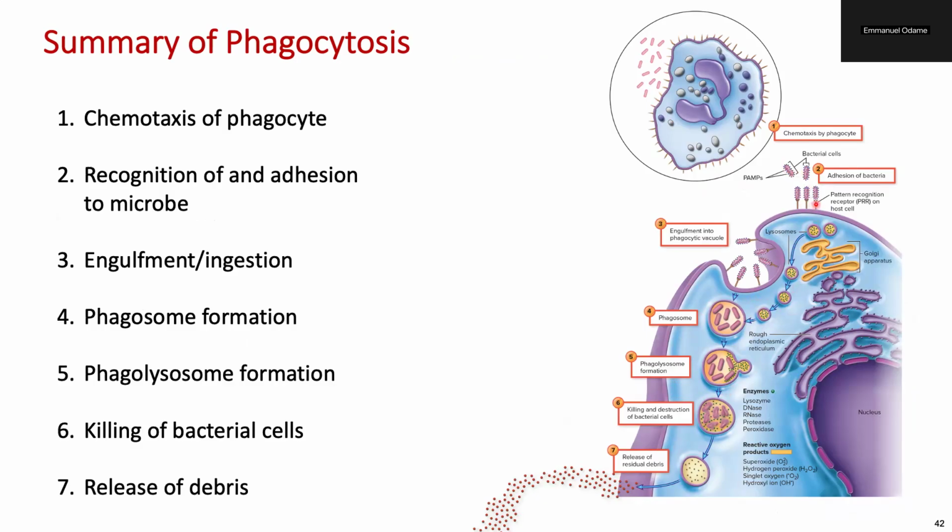Your white blood cell has these PRRs that we learned earlier on. These are the receptors. They recognize the bacteria, which in our case is the PAMPs or the external pathogen, which have to bind to the receptor on the white blood cells. And then once the white blood cell recognizes this foreign body, it forms an engulfment. And once it engulfs it, it brings it within the white blood cell itself.